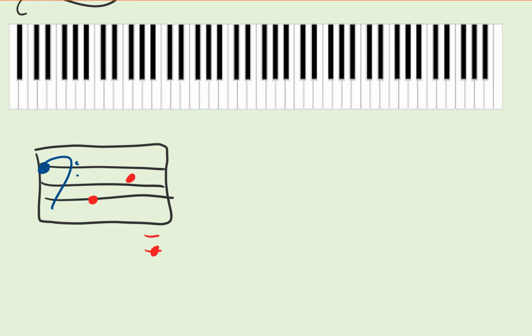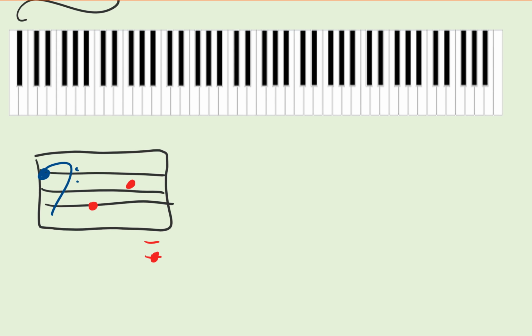Alright, so first off, well, what exactly are these? So remember that this right here is equal to F, and this right here is equal to F as well. And we can use these as basic examples.